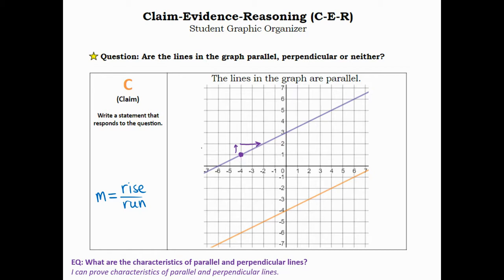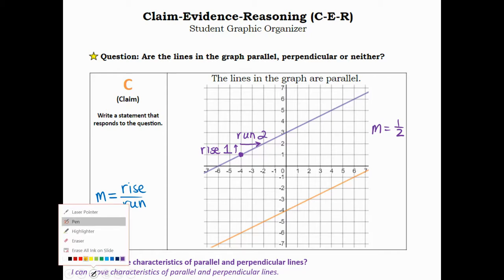It is up to you. So this represents my rise. I rose one, and then I ran, or my run was two. Okay, so then the slope for this top line would be 1/2. And I totally realize this is going to be difficult to write on your graphic organizer, on your Google Doc, and that's okay. We'll represent this in the next slide, so don't stress it too much here. I just want us to see where we're getting all the information.